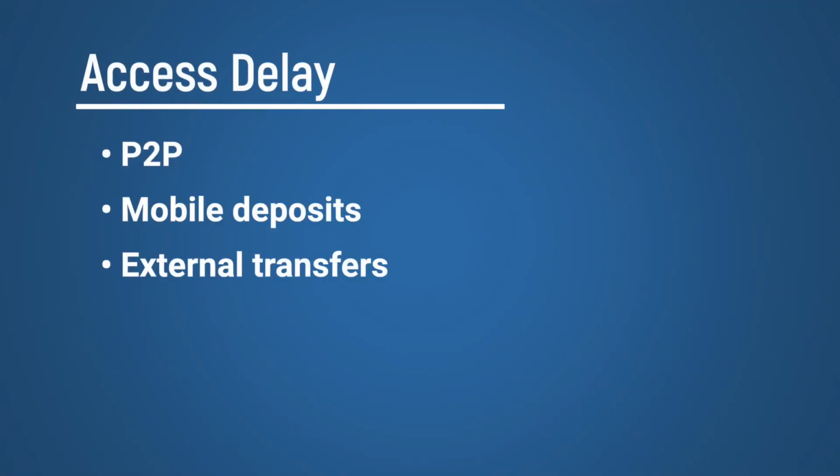So we've created an access delay so that if the user is a new user and they're trying to do P2P, mobile deposit, or external transfers, we don't allow them access to that feature until they've been an established online banking user for whatever specified period of time that the institution has chosen. The access delay can also be overridden on a per customer basis.